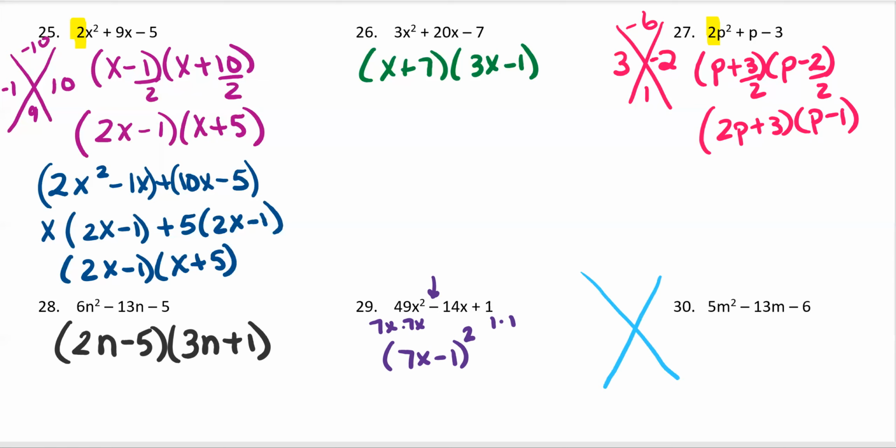We need the factors of negative 30 that add to negative 13.